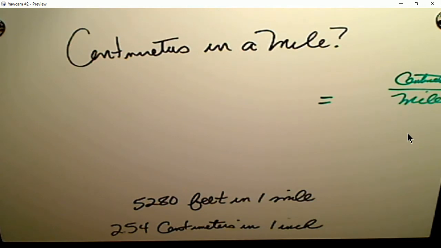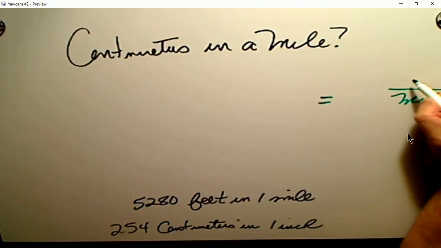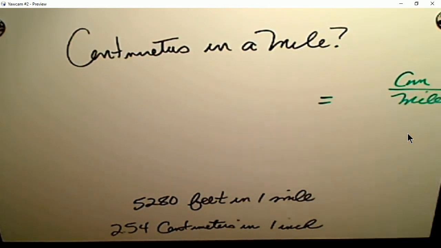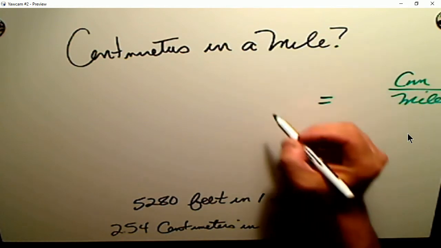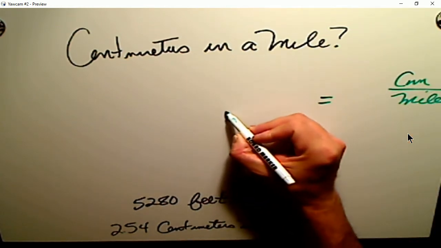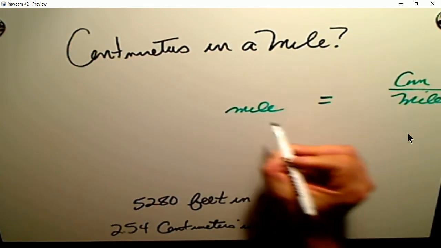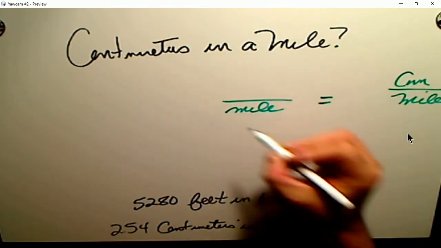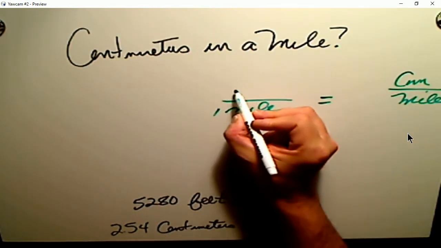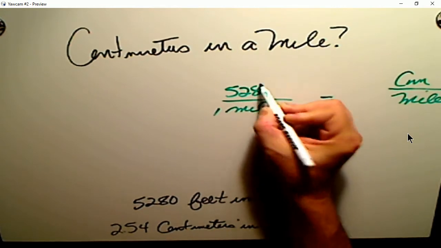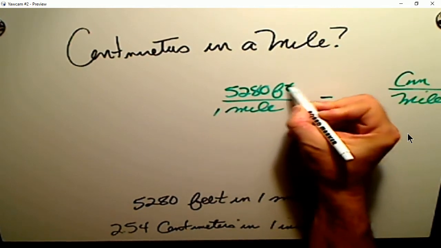And actually, I can write this centimeters in little shorthand notation, centimeters like that. So how do we get centimeters per mile? Well, we know we need in the denominator miles. There is 1 mile, or I should say 5,280 feet in 1 mile.